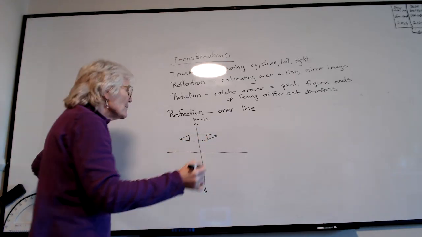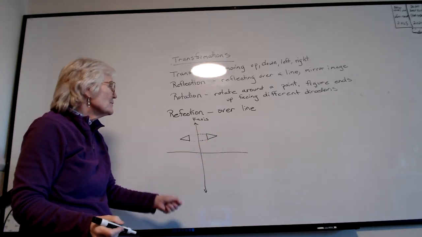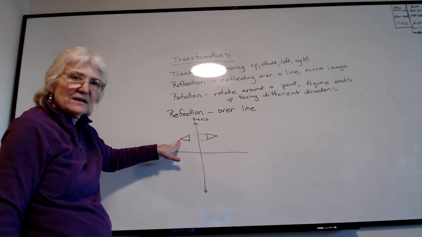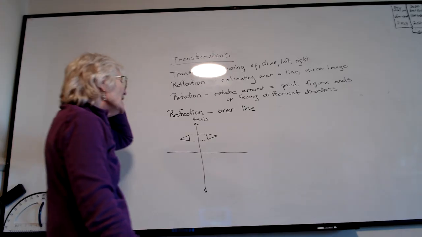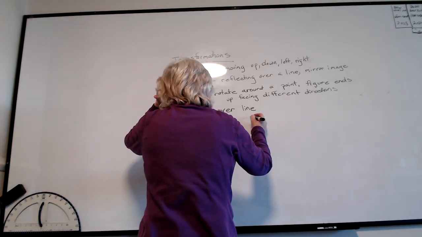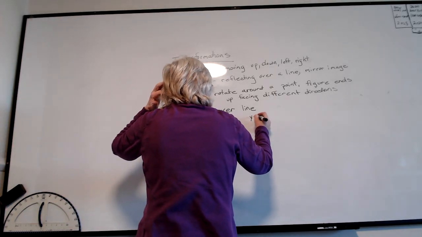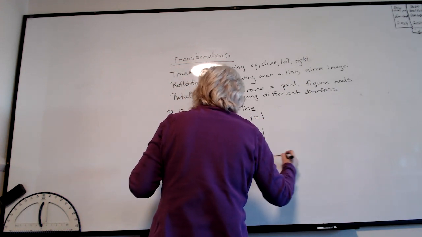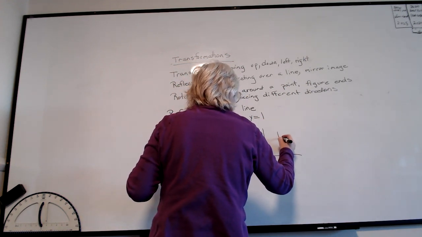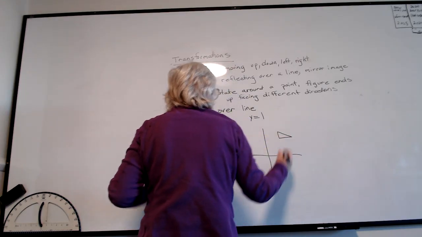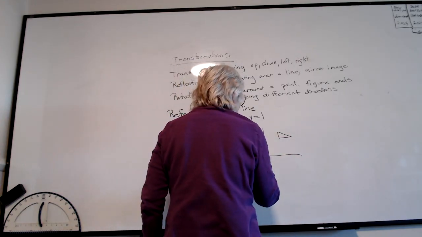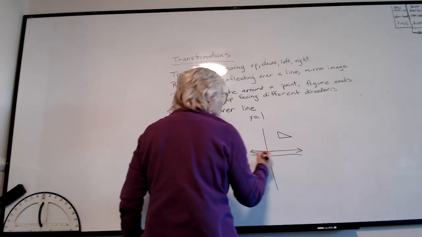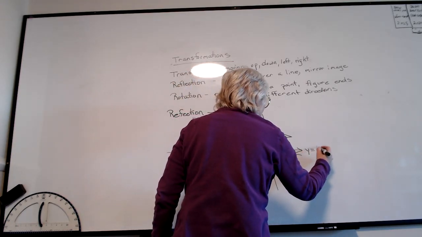Again, you can look at points, figure out where these points are, figure out where that point is and where it would have to be over here. Okay? If it's over some other line, like let's say it's reflecting around y equals 1, and I have this right here. Okay, so reflecting across y equals 1, that is a horizontal line like this. This is y equals 1.